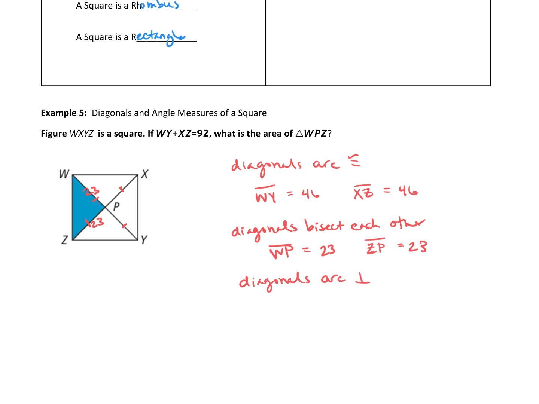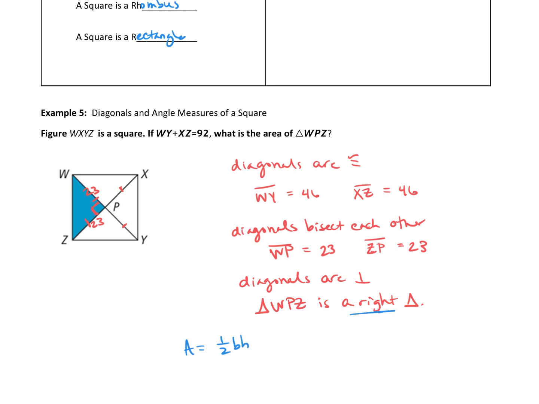So I'm going to go ahead and put a right angle in because they're perpendicular. So now triangle WPZ, the one we're trying to find the area of, now we know it's a right triangle. All right, so to find the area of a triangle, area is equal to 1/2 base times height. You could do base times height divided by 2.